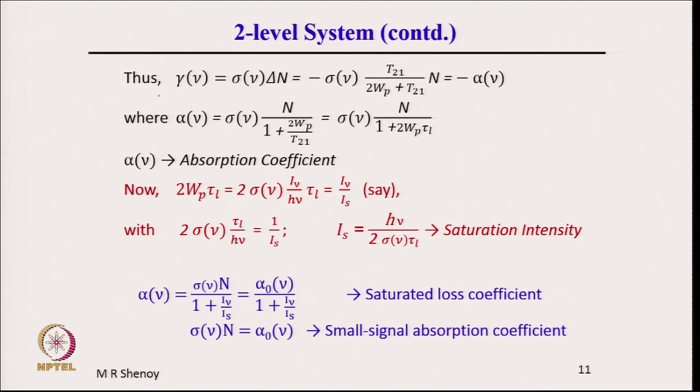The gain coefficient, we have derived this earlier, that the gain coefficient gamma of nu is given by sigma of nu into delta n, where sigma of nu was the interaction cross section.